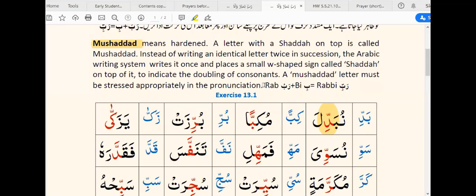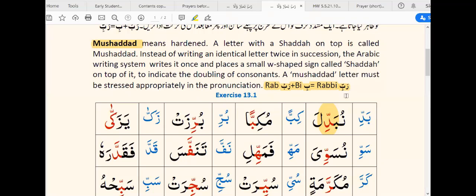For example, in Quran, you'll find this word a lot of times, Rabbi. If we separate it into 2 parts, we'll find Rab. So we're going to join letter Ra with the Ba first, Rab.